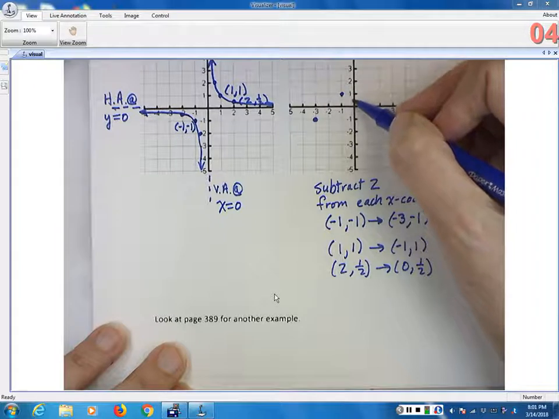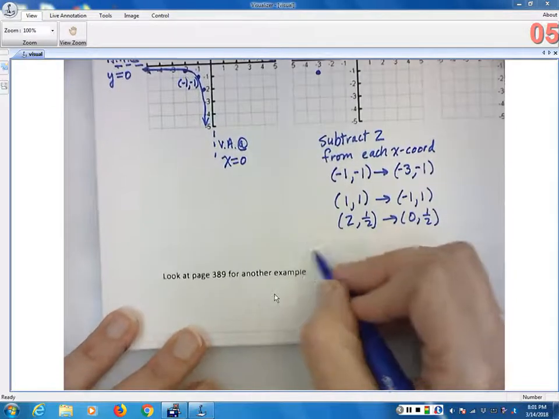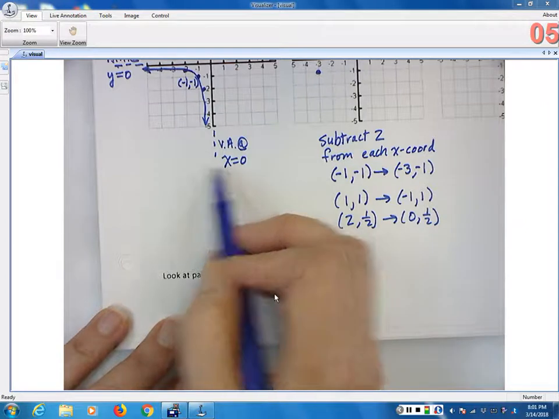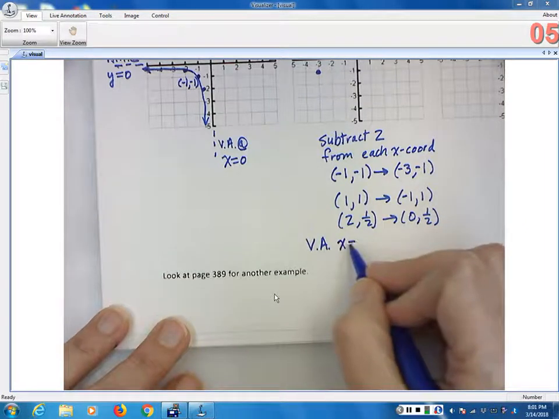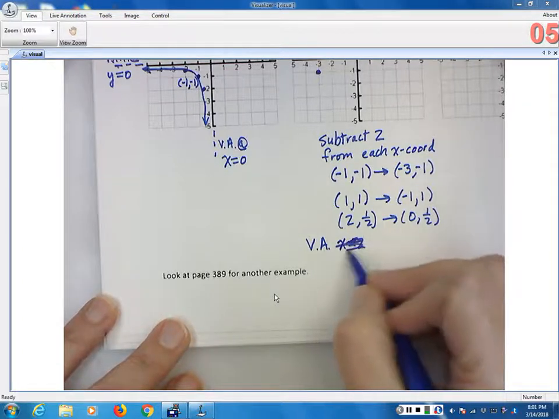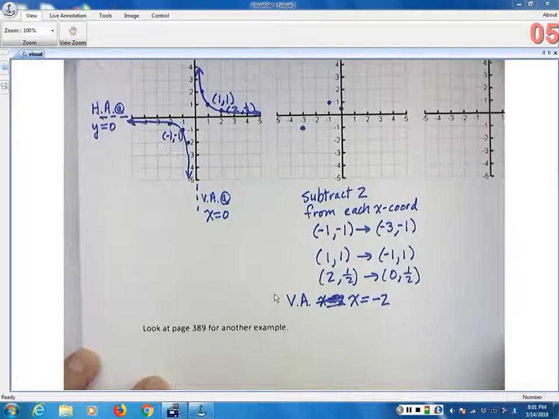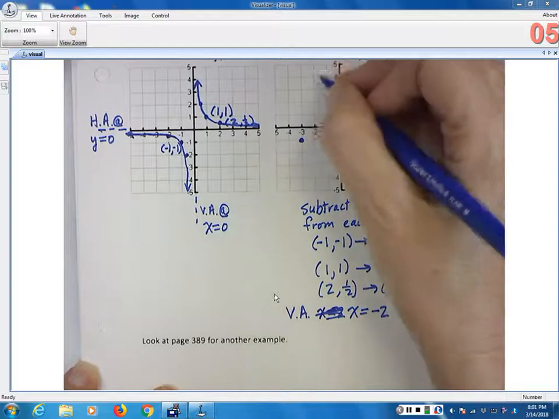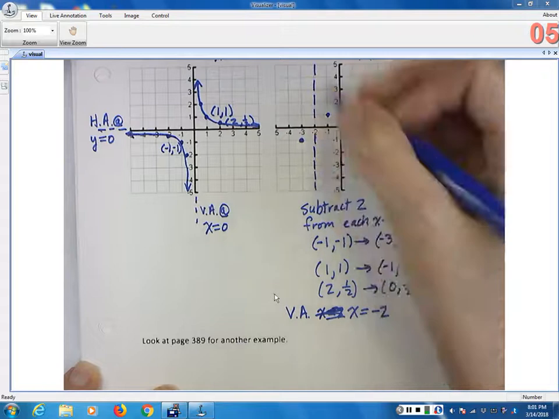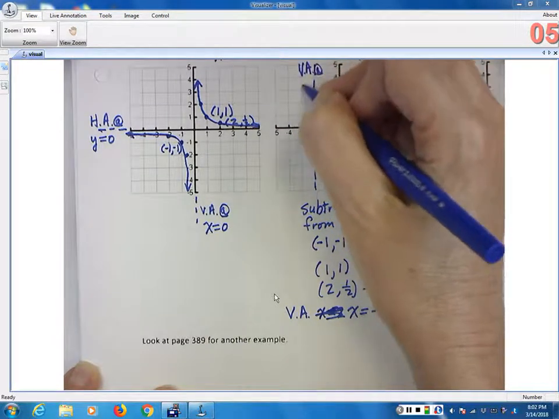But we really need to draw the vertical asymptote. Because it shifts left 2, it's at x equals negative 2. We have to draw that. It's really going to help you to draw the asymptotes first. That's the VA at x equals negative 2.